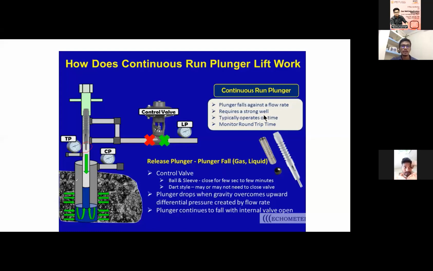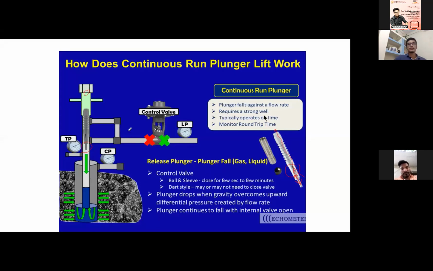Similar to that, as the gas pressure increases below the plunger, it will lift the dart type plunger along with the liquid above it. When it hits the surface, because of the force, this will move back to its position, and then it will drop the dart type plunger, and some fluids as well as gas will flow through this because there is a flow path.